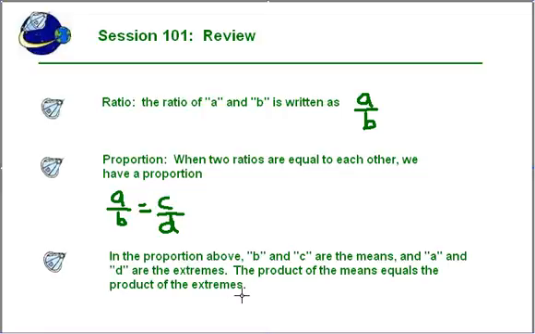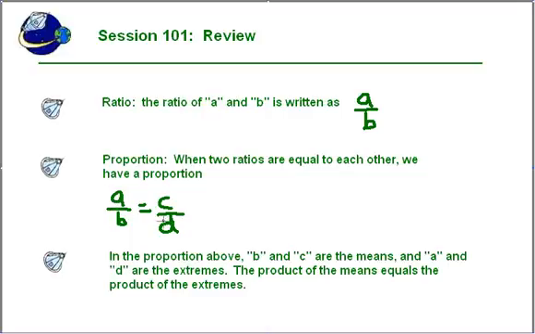Okay then, as a review, a ratio is a way of comparing two numbers. The ratio of a to b is written in algebra most often as a fraction bar b, a to b. A proportion, when two ratios are equal to each other, we have a proportion, and the proportion would be a over b is equal to c over d.